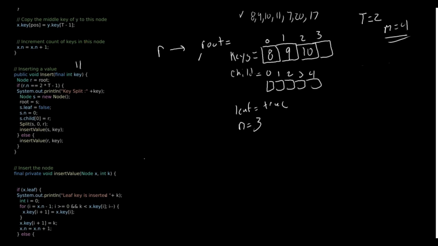Wait, this is a little bit tricky to explain. So I'm just going to re-explain this right now. S becomes a new node, right? But S is the new root. Now, as you can see here, R is pointing to the old root. So S is the new root.